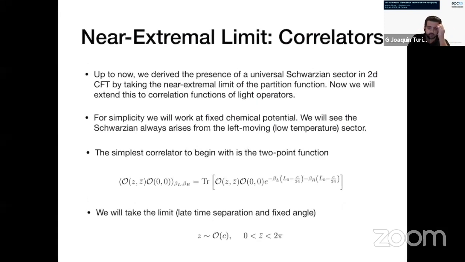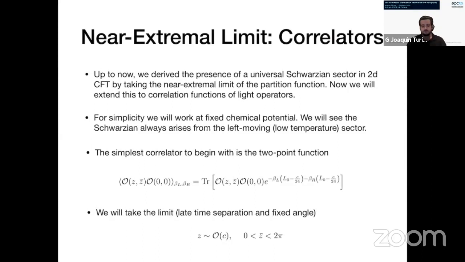So now I will talk about correlators. And here I have some slides on the website that you can look at, but I think I will go over it quickly, not to bother you. It's a very similar argument to the partition function, only a little bit more complicated, but the moral is the same. So the idea, we will look at correlators at very late times and at fixed angles, and then we will integrate over the angle.